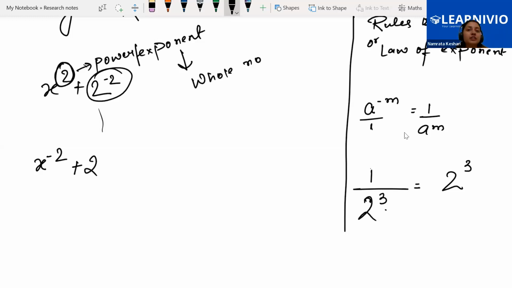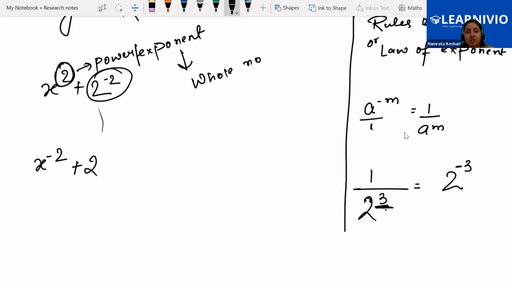The sign of the exponent will reverse when we are switching the place, when we are taking a number from the denominator and putting it in the numerator. Power will be same, but the sign will be different. So 2 to the power 3, the exponent was positive over here. Here the exponent will become negative. Okay, we have taken it in the numerator, and this is how we can write it.